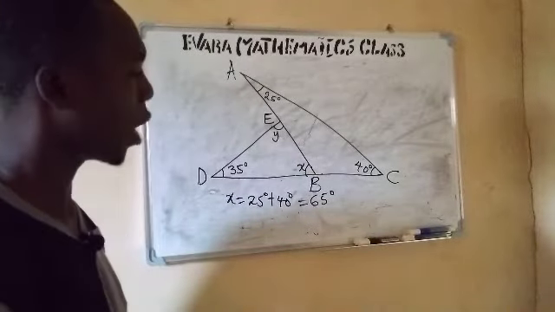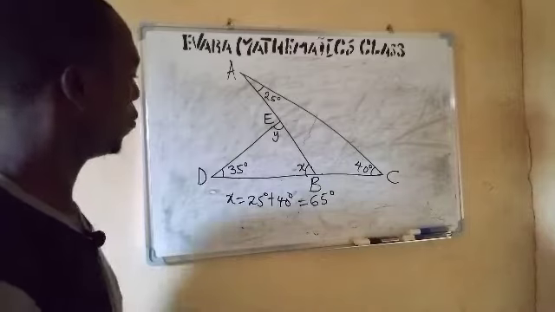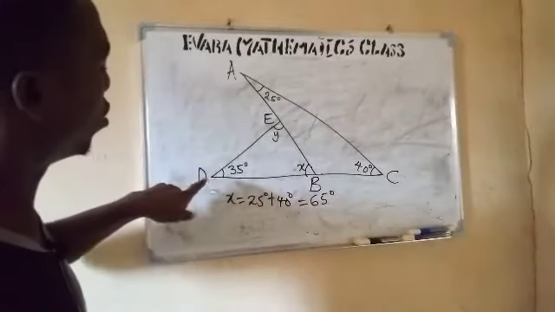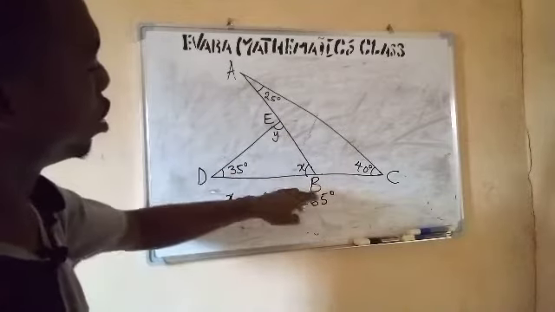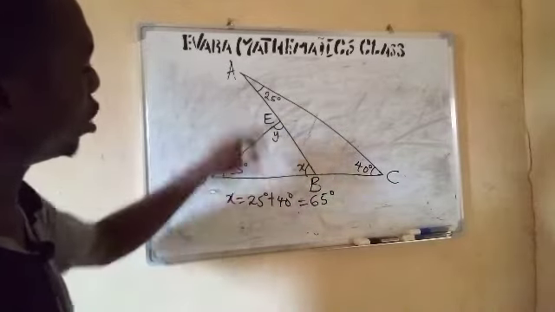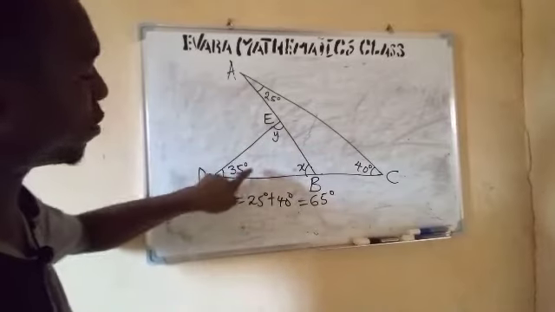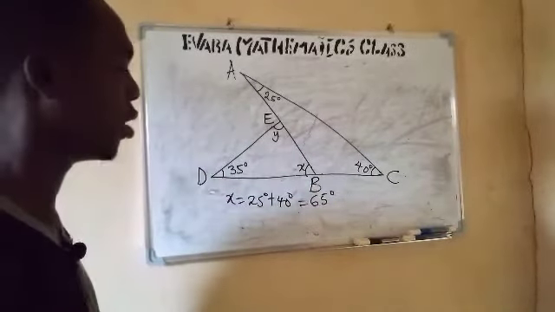Now the value of Y, if you look at this, this is a triangle. Triangle DEB, or we call it BDE. We have X, Y, and 35 degrees inside the triangle.